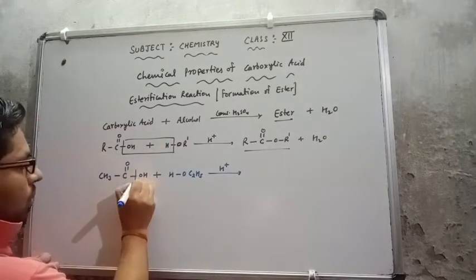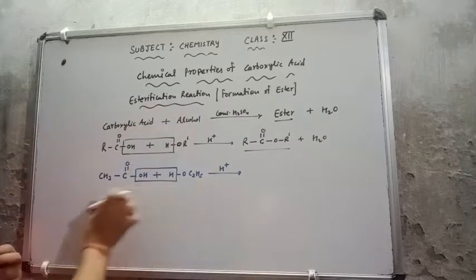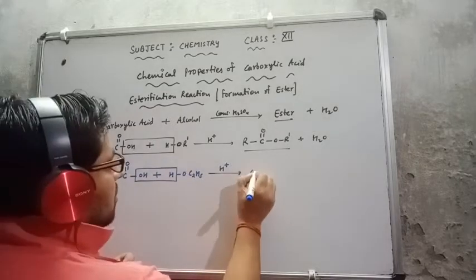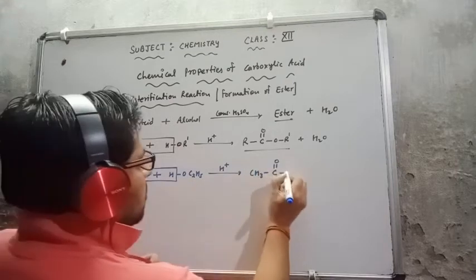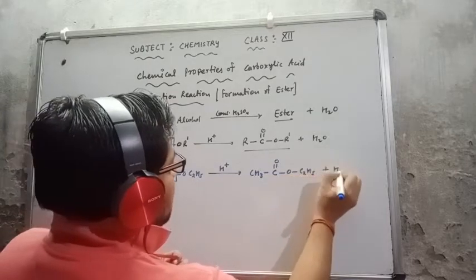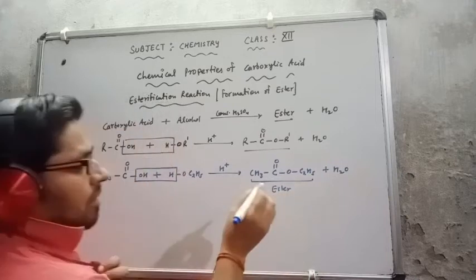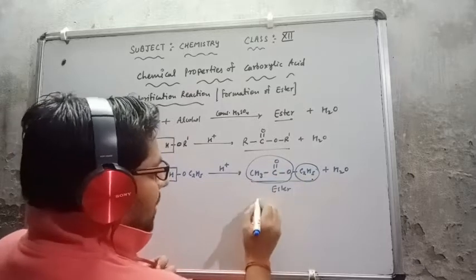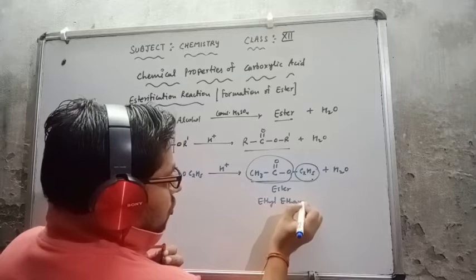Then from here OH and from here H, they will react to give us the water molecule, and the rest of the product I am getting from the compound is the ester. So this is CH3 single bond C double bond O single bond C2H5 plus H2O. This is ester. If you see its name, this is the ethyl and this is the ethanoate. So its name is ethyl ethanoate.